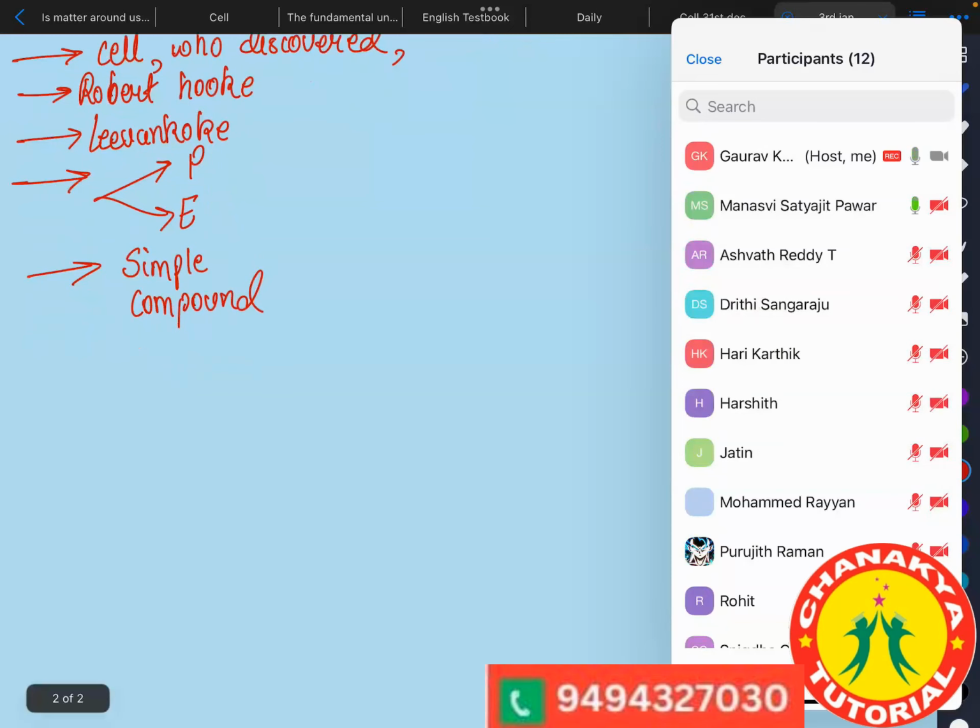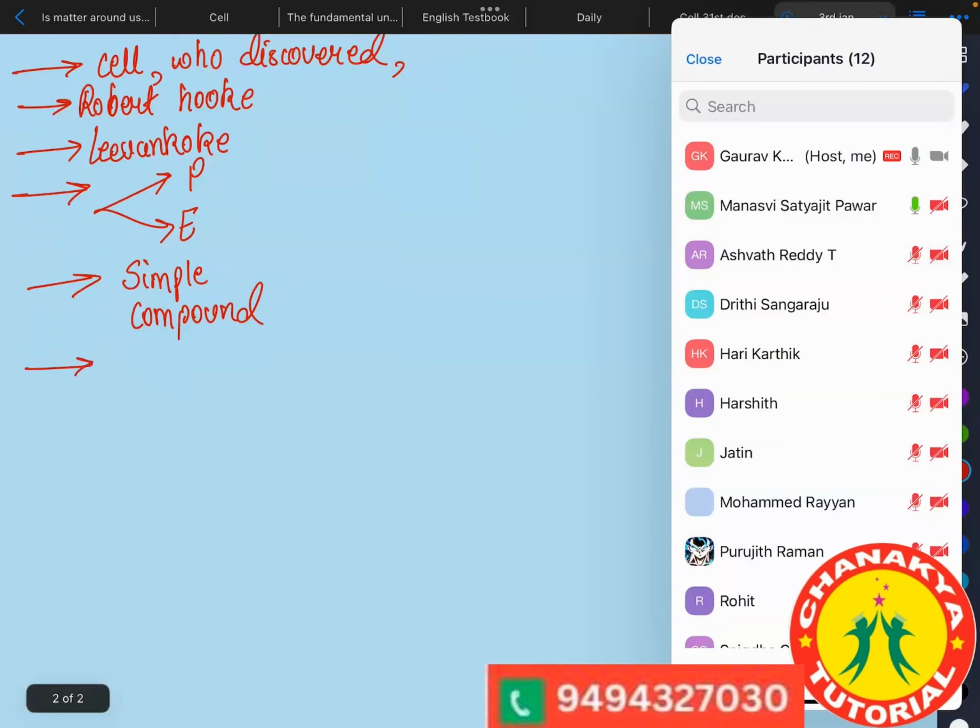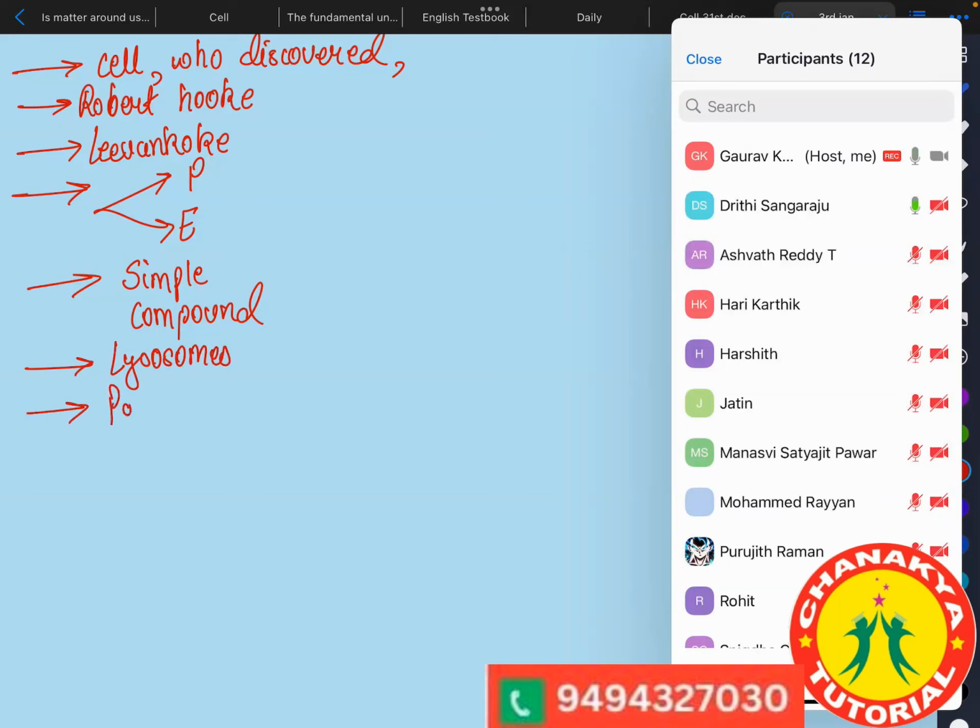We studied something called suicidal bags, which are lysosomes. Then parts of the cell. We have studied the cell membrane. We have studied the cell wall.